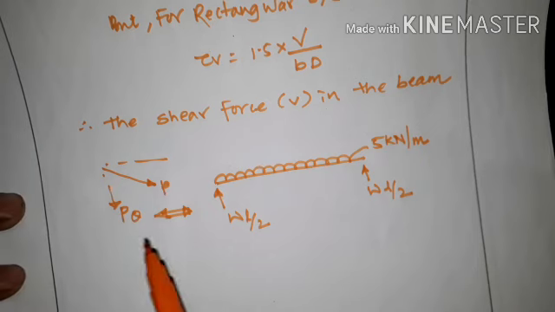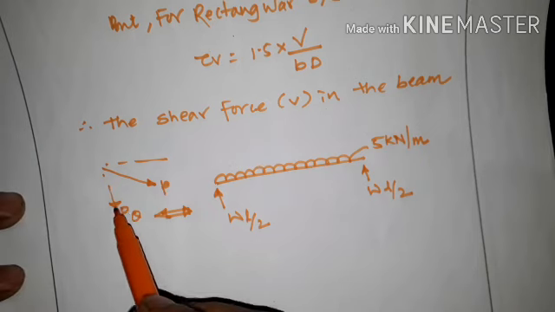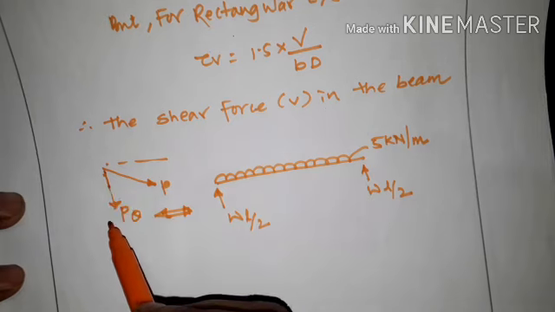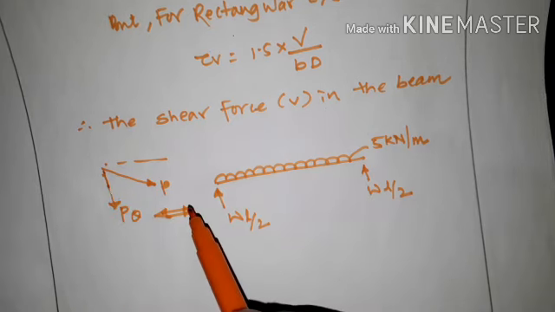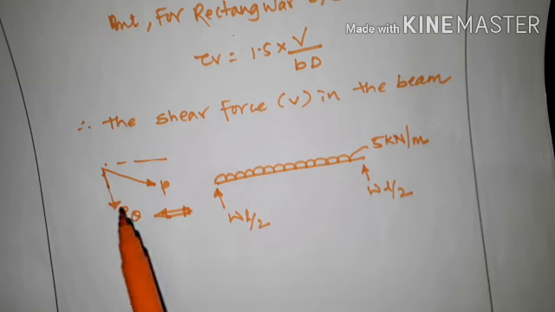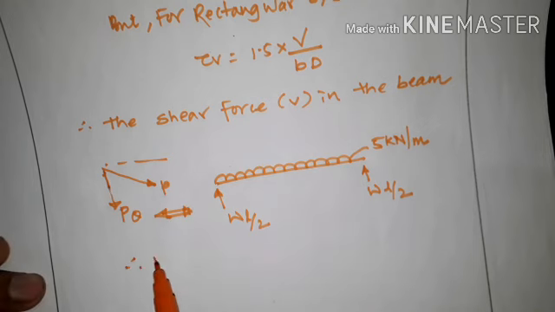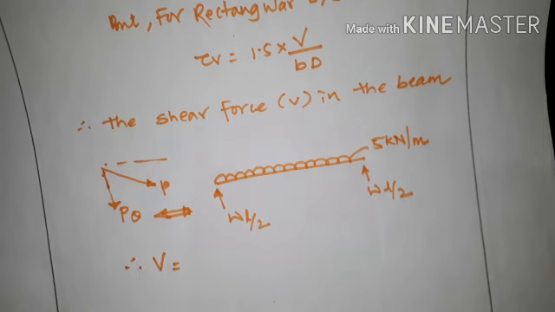This force is acting downward, this force is acting upward. So ultimately the shear force is the summation of these two forces. Therefore V is equal to the summation of vertical forces. We know that the shear force is nothing but the summation of all the vertical forces.